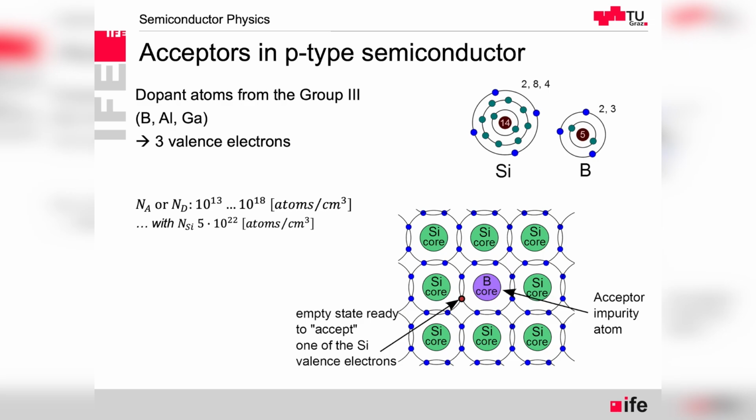These are the two extremes. Probably we can do better than 10 to the power of 13 and make a smaller concentration, but I would like to focus here on what limits the lower and the upper concentration of the dopant atoms.